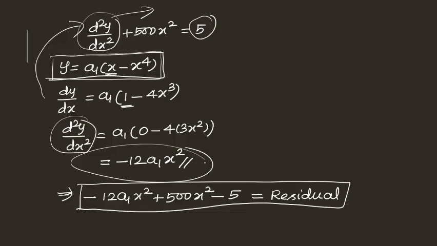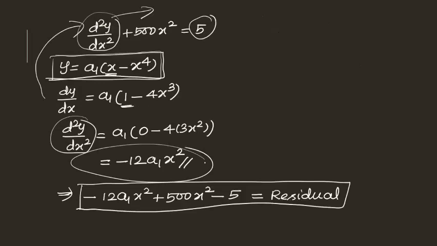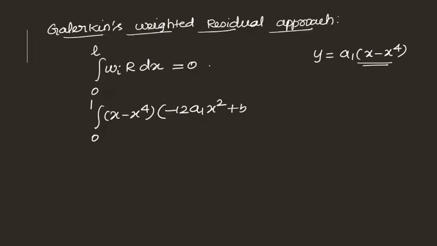So the trial function is y is equal to a1 into x minus x power 4. Here the coefficient term for the constant value present in the trial function is the weight function, that is x minus x power 4, into the found out residual function, minus 12 a1 x square plus 500 x square minus 5, into dx is equal to 0.